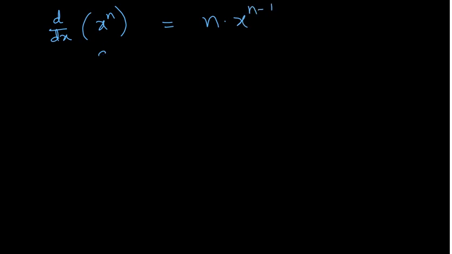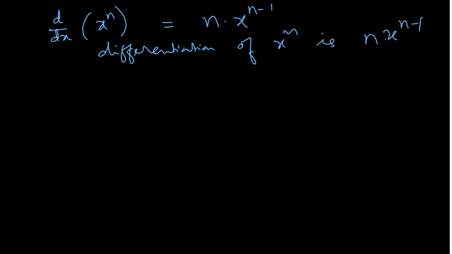So we read it as differentiation of x to the power of n is n into x to the power of n minus 1. This is actually called the power rule. Why? Because we are having some power here. This is the important thing. This rule we will be practicing now.